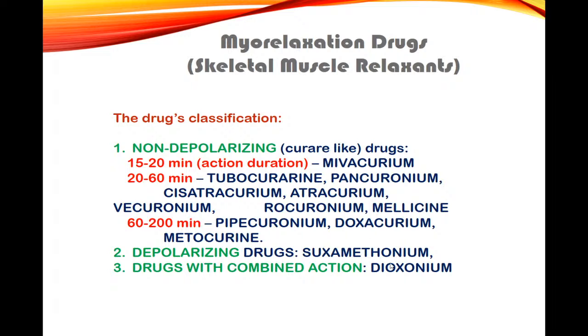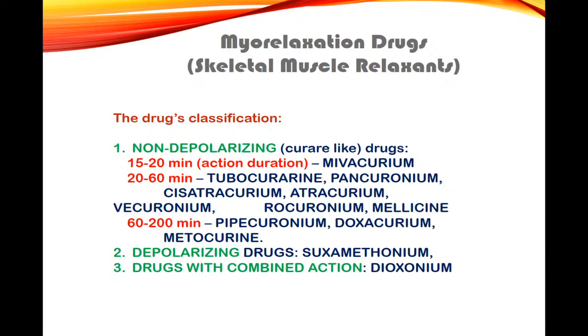Why succinylcholine? If it is dangerous, because we don't have direct antagonist. Why? Because succinylcholine acts for 7 to 10 minutes. And in 7 to 10 minutes, its action is stopped.